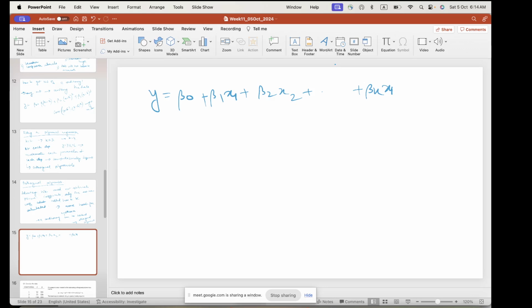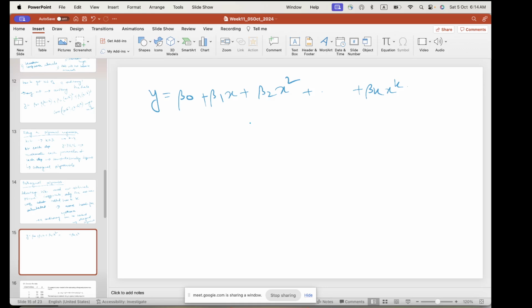So here, since xk equals x to the power k, we'll rewrite this entire thing as x plus x square plus x to the power k.